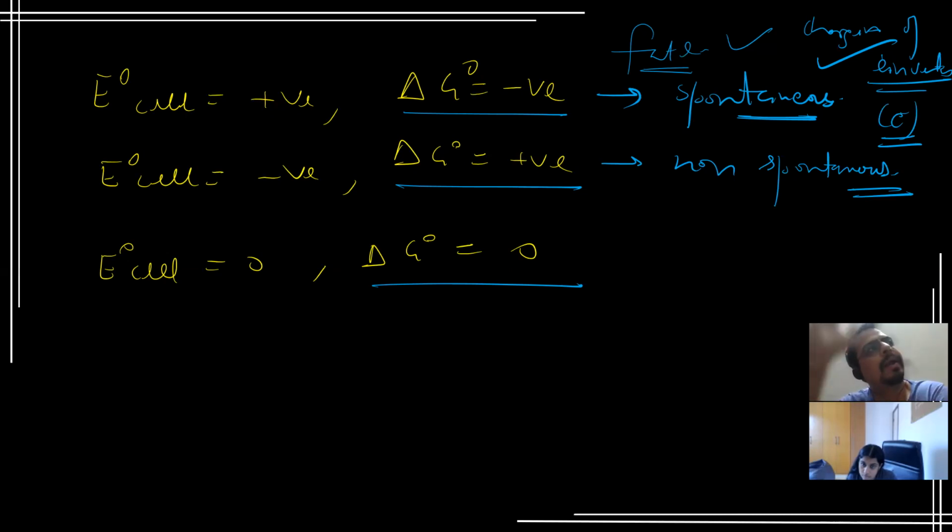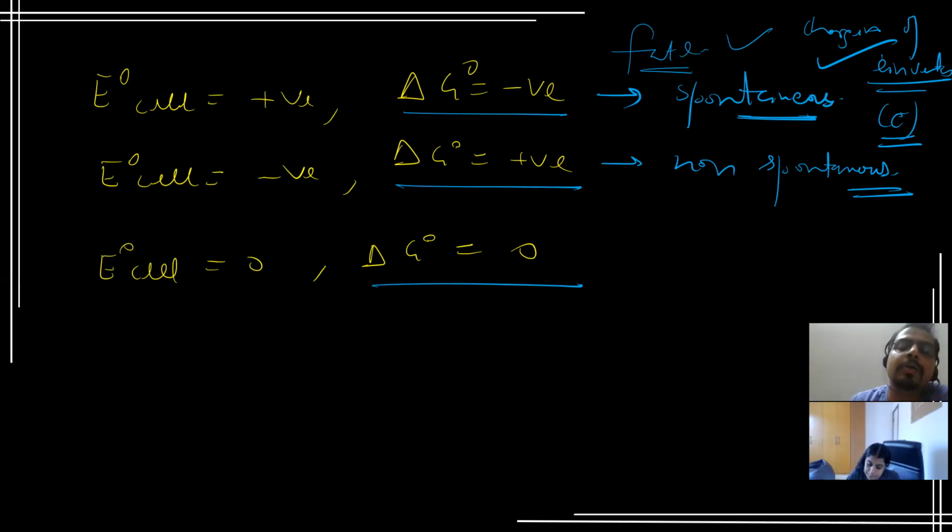You will throw the ball in a particular projectile motion, so you are putting in energy, but the ball tends to come back because of the gravity pull. So this process is also non-spontaneous, because the actual tendency of the ball is to come back.